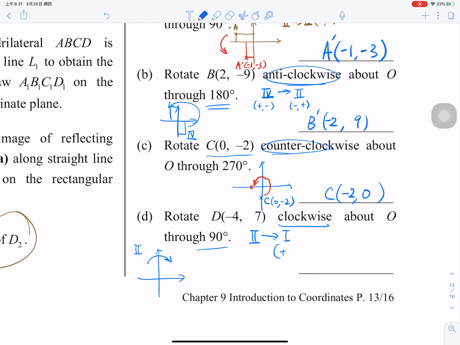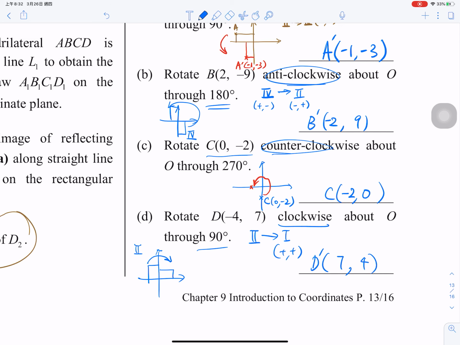And for quadrant 1, positive, positive. So here is a rectangle. It becomes like this. So 7, 4, all positive. So the image of D is 7, 4.